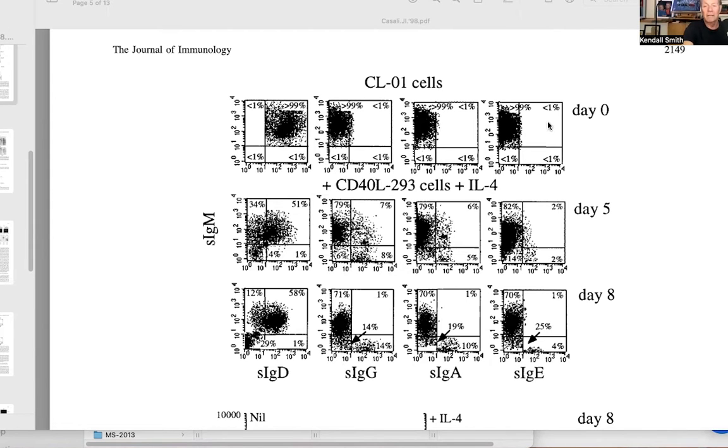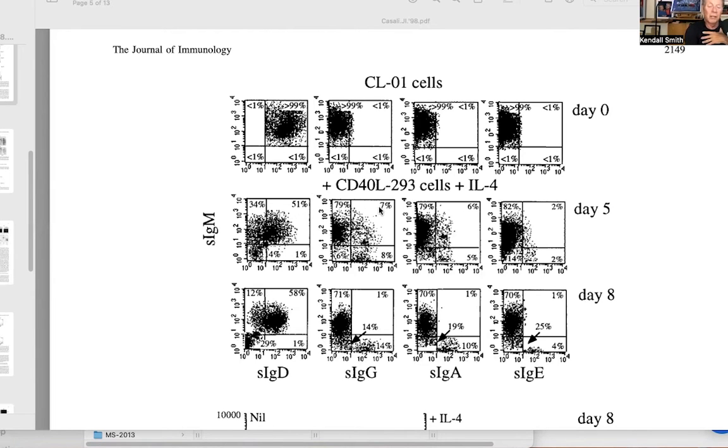and E negative. Then after 5 days of culture with CD40 ligand and interleukin 4, you can see that we've gone from 99% double positive to only 50% IgD, IgM double positive. And we've got down here 4% and so forth.